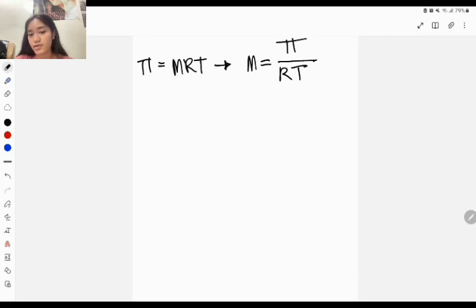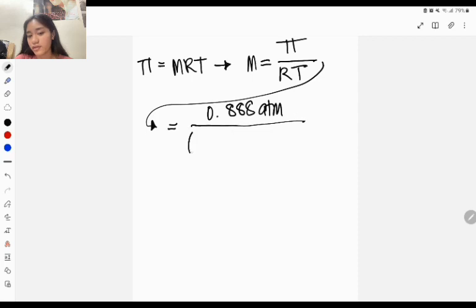So you have to substitute the values: 0.888 atm over the gas constant multiplied by the temperature.